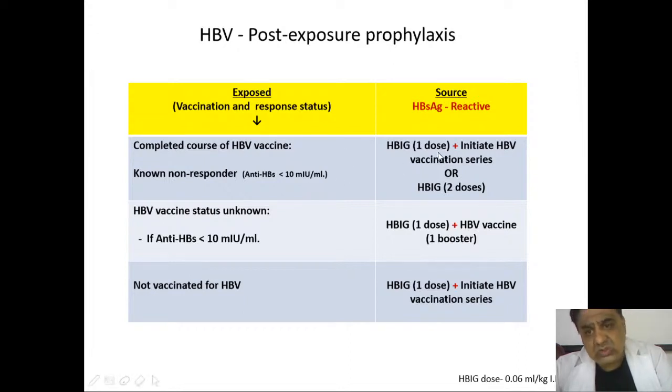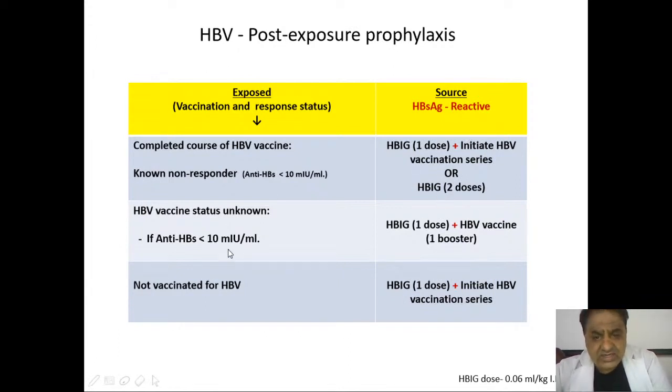You take 1 dose of hepatitis B immunoglobulin at 0.06 milliliter per kg, and then also start the vaccination. Or in case you're a total non-responder, you have been given the vaccine twice, two full courses, and you have not responded, which I discussed in the earlier class, then you have to take 2 doses of immunoglobulin.